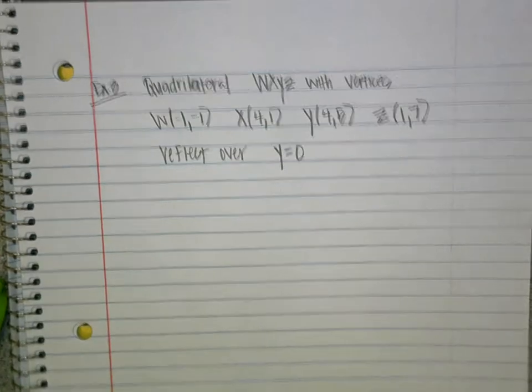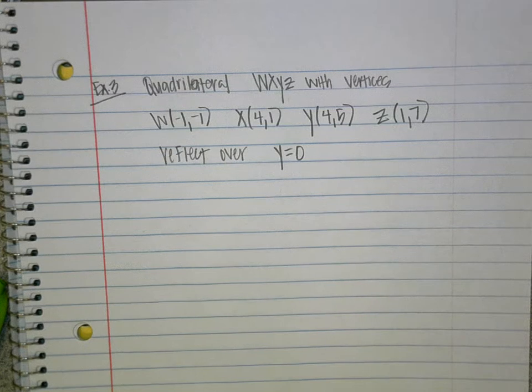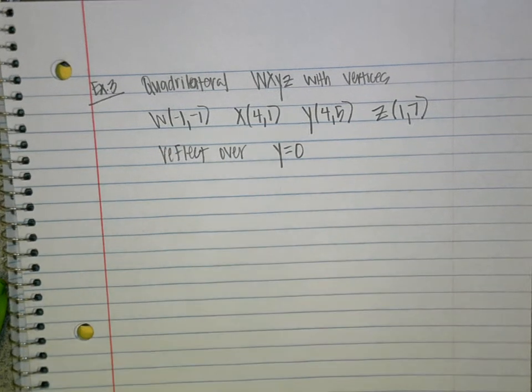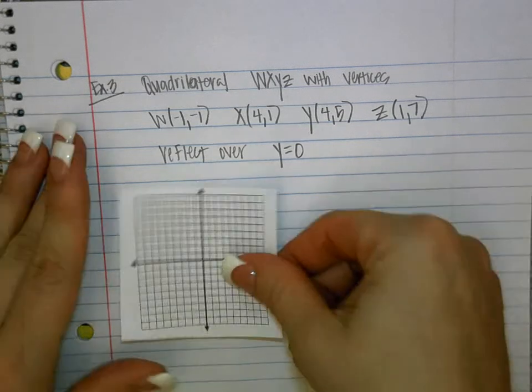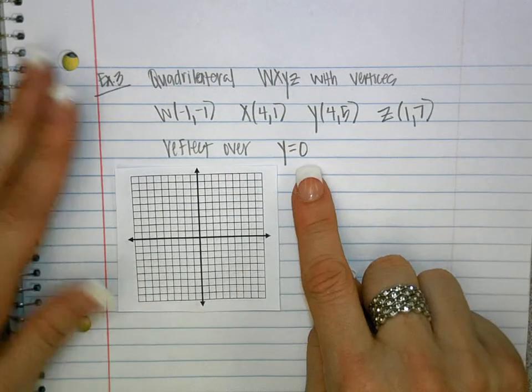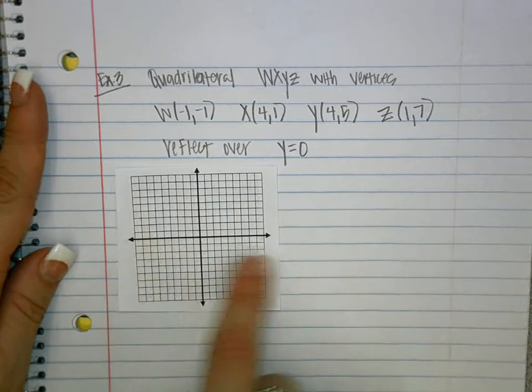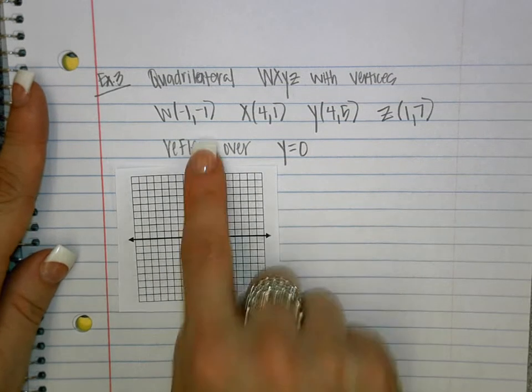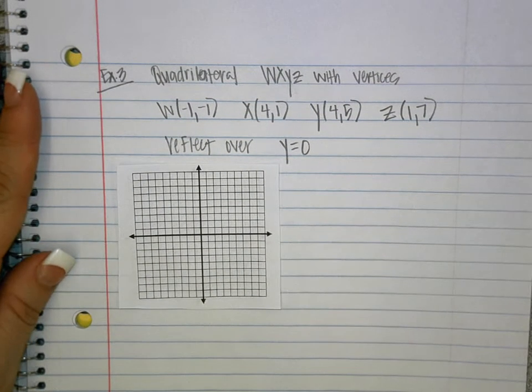Sometimes we're going to ask you to reflect over the x-axis or the y-axis. Sometimes we'll just say y equals 0 or x equals 0. So you have to know how to do both ways. So reflected over y equals 0. Where is y equal to 0? Is that the side to side or the up and down? Side to side.